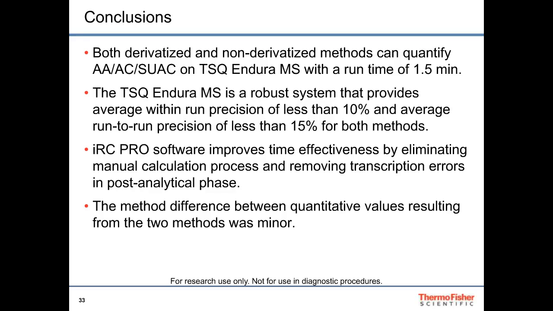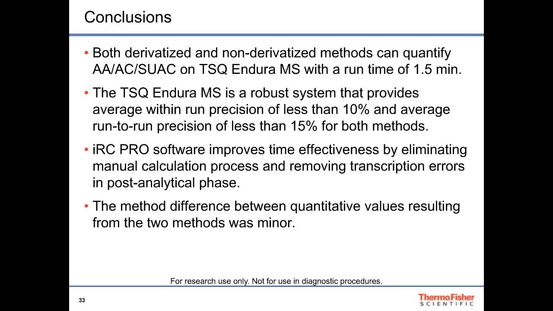Our next question in the Q&A is to compare the pros and cons of the 2 methods. As we can see from the presentation, both methods are highly correlated. There are differences between these two methods though. Basically, the derivatization method requires a lengthy derivatization process and utilizes environmentally unfriendly chemicals.